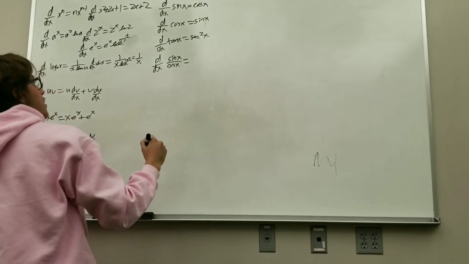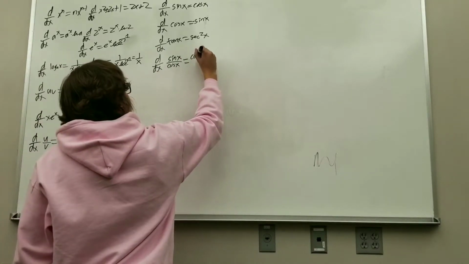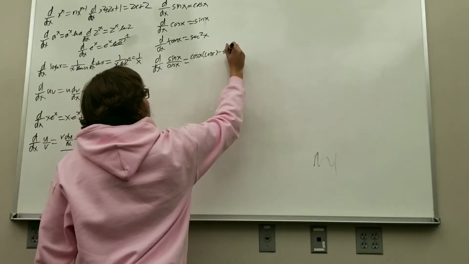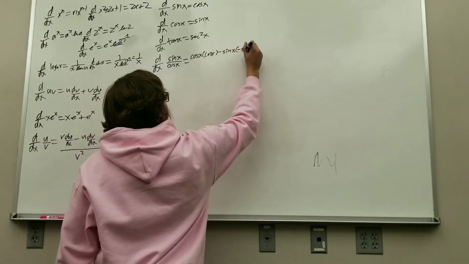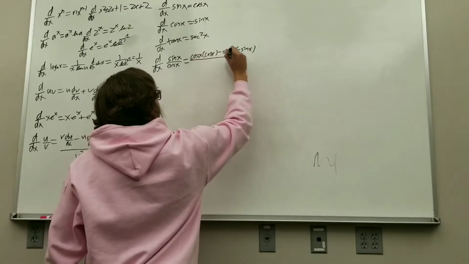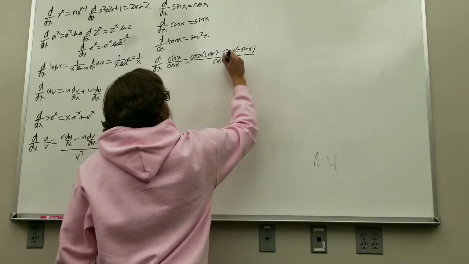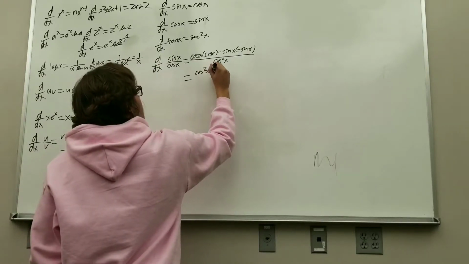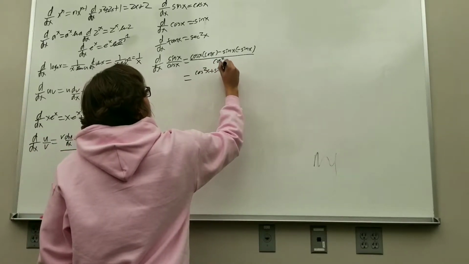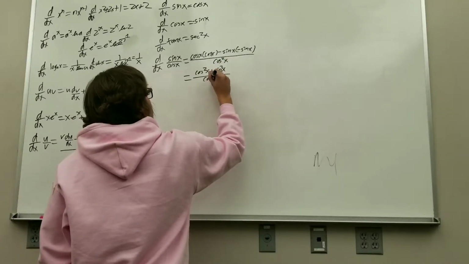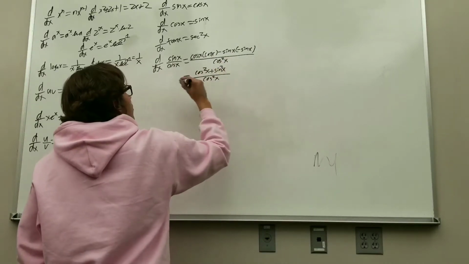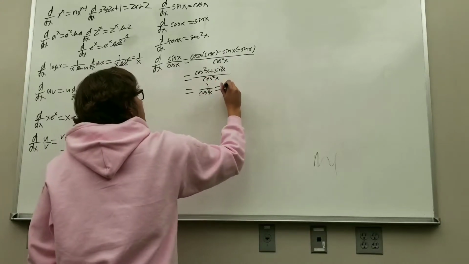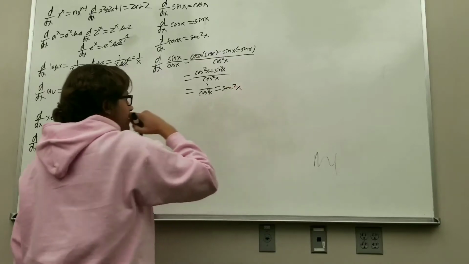So following this rule, we're going to get cosine of x times cosine of x minus sine of x times negative sine of x all over cosine squared of x. And this is equal to cosine squared of x plus sine squared of x all over cosine squared of x. That's equal to 1. So this is equal to 1 over cosine squared of x, which is equal to secant squared of x.